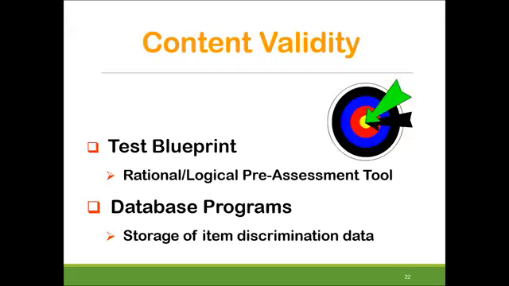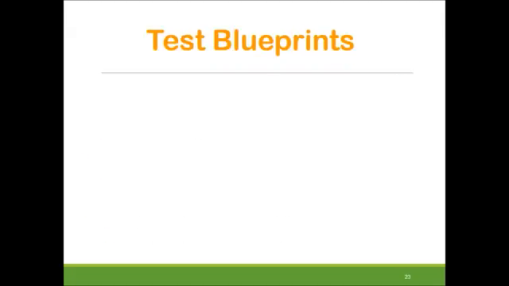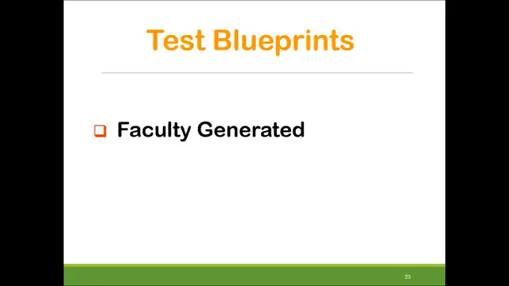Test blueprints have evolved. It's no longer really acceptable to simply make a faculty-generated blueprint, which typically is the classic topical outline for the test, the number of test items that are selected from each topic, even when those are approximated against the amount of time that was spent in class or perhaps in clinical or other settings on that topic.